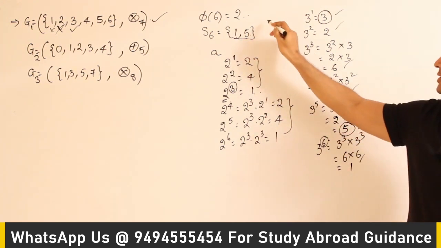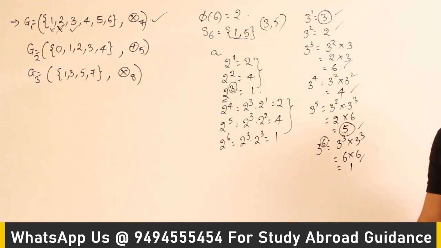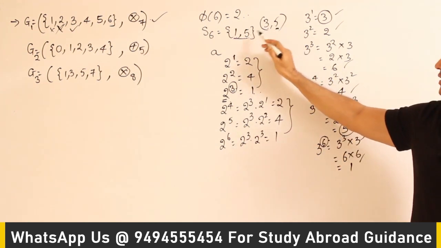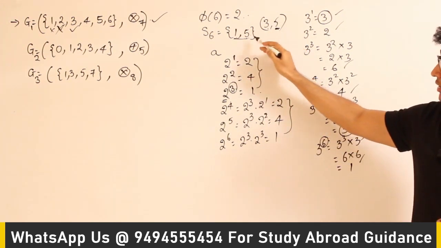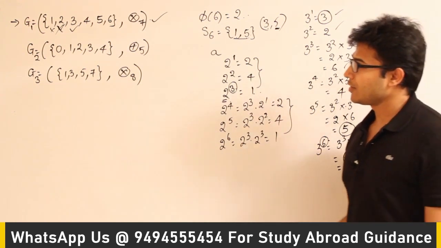So in this case 3 and 5 are 2 generators of this group. Got it? And it is not just 3 power 1 and 3 power 5. You can even test for 5 power 1 and 5 power 5, and you will get the same thing. Got it?